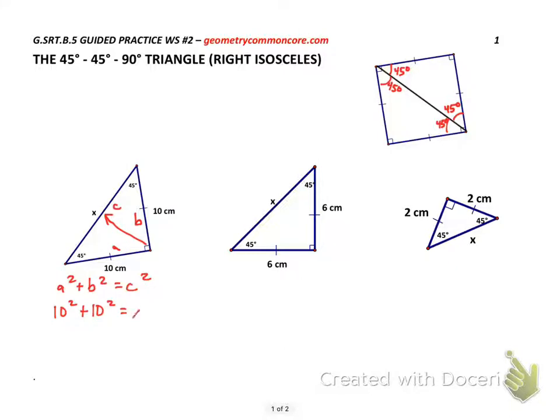And C is my x that I'm solving for. So what's 10 squared? All right, we're going to do this kind of monotonous sort of Pythagorean theorem a few times, and then we're going to figure out what else we could do here. 100 plus 100 is?